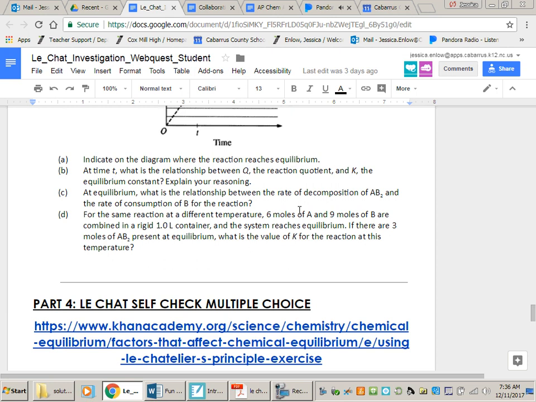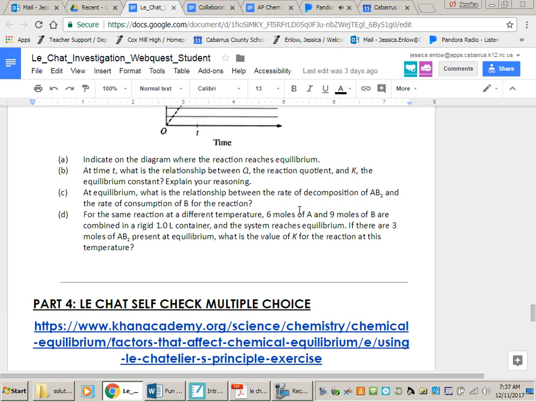That it's 6 molar for A, and how do you know it's 6 molar? Because it's a 1 liter container, so it's 6 moles per 1 liter. The new equation also said there's 9 molar for B, and you ended up with 3 molar of AB2. So you have to have 3 molar.